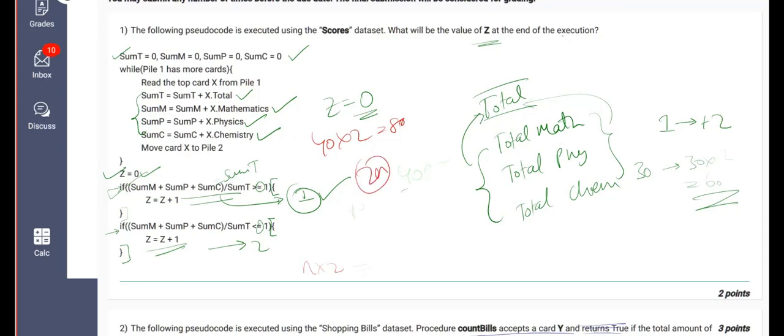So the answer is 2n for this question. If there are 30 cards, then the answer is 60. If there are 40 cards, the answer is 80. So 60 is the answer.